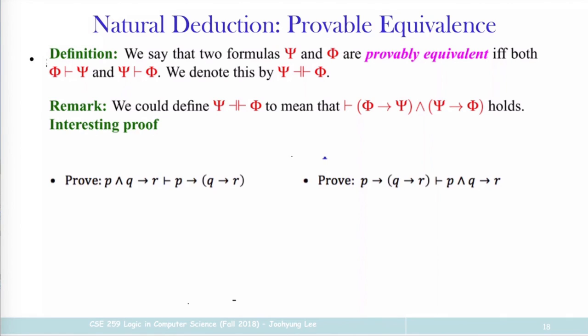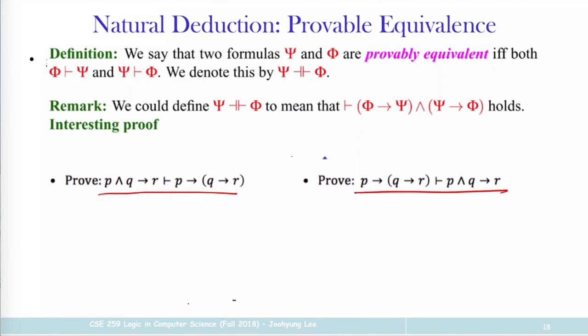In many proofs, you see that we assume some formula F and derive G, and also assume G and derive F, right? This is one of the examples. We actually showed this proof. Assuming the left formula, we derive the right formula, and assuming the right formula, we derive the left formula.